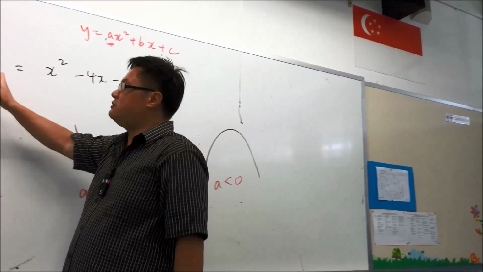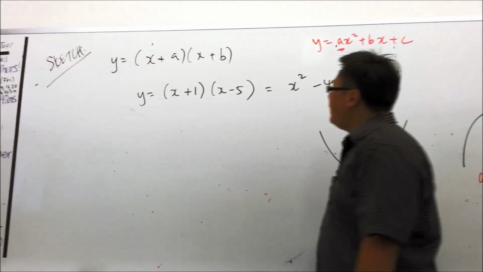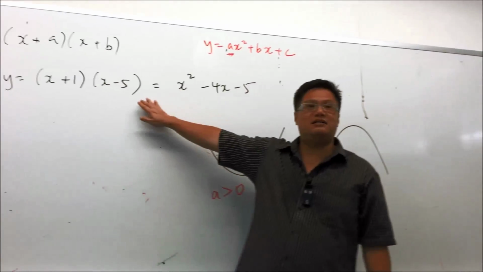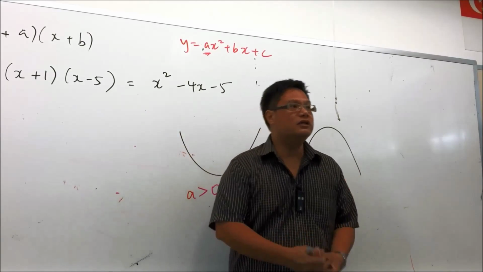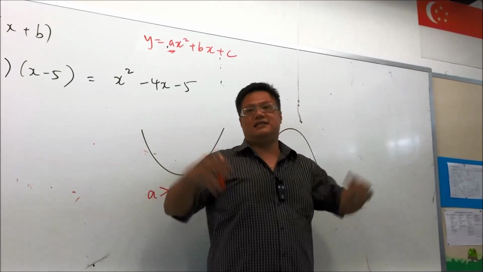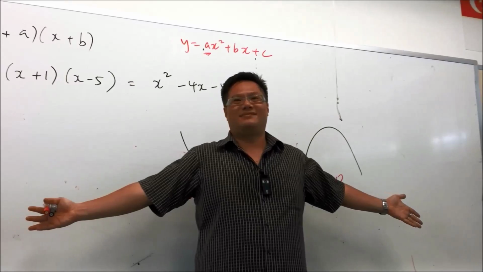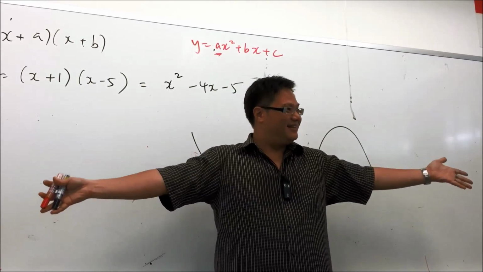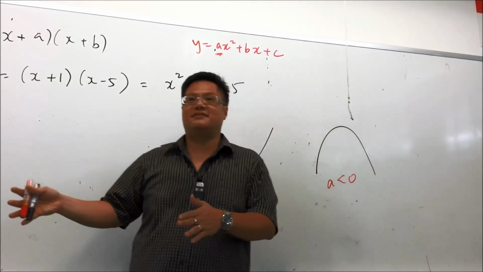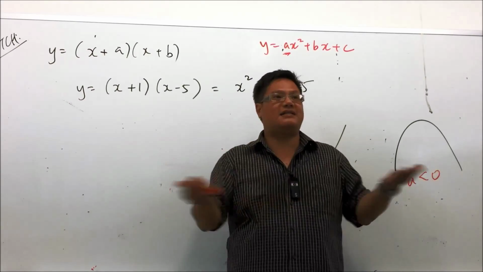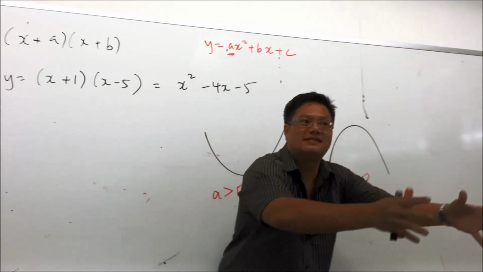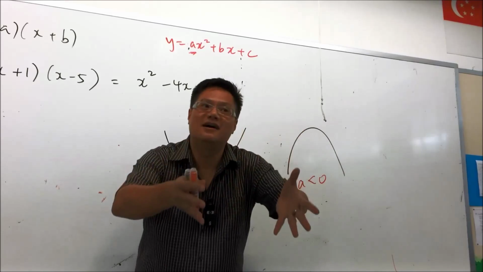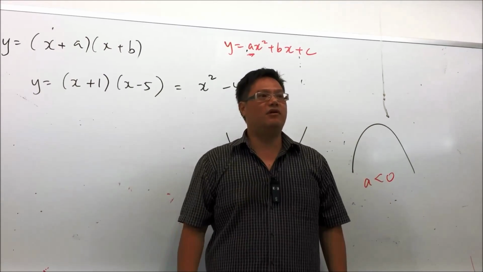So over here, for this particular situation, y equals x plus 1, x minus 5. How do you determine the x-intercepts, everybody? You learned this in Sec 1. Where does the graph cut the x-axis? When y equals 0. Very good.